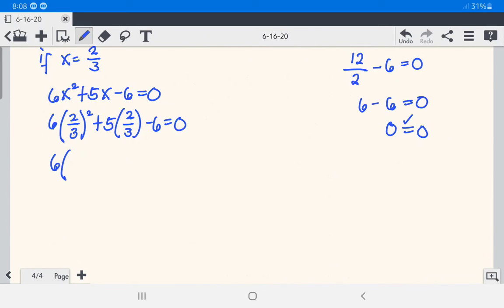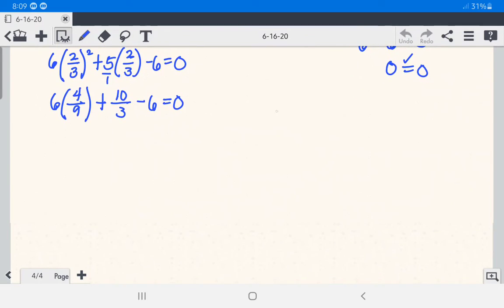Then you copy 6 times 2 squared, that is 4. Then 3 squared, that is 9. Then plus, the denominator of this 5 is 1. So multiply the numerators. We have 5 times 2, we have 10. Then multiply the denominators. So 1 times 3, we have 3. Then minus 6 is equal to 0.